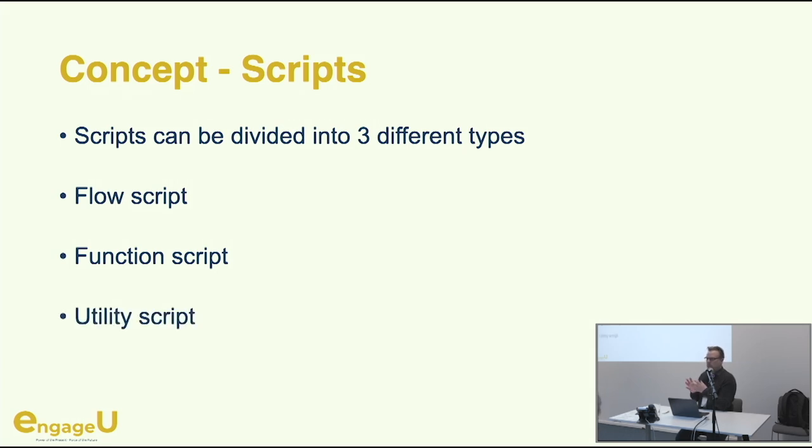And finally, there's some utility scripts. So a utility script is a script or some code that does something. For example, validating a block of text. It could be validating that an email address is really an email address, or if you have a function that sends out SMS, before trying to send the SMS, we want to validate that it's really a valid mobile number before we are trying.